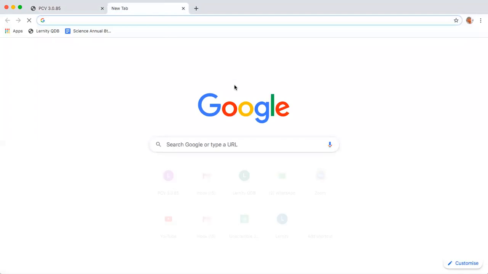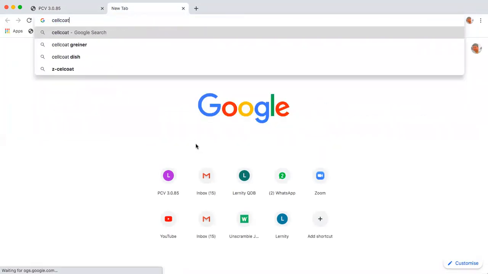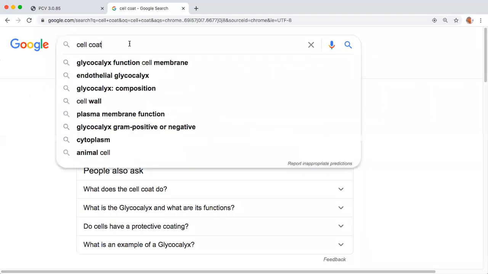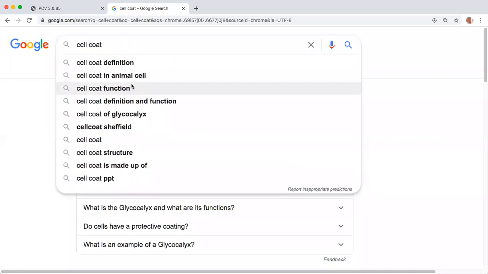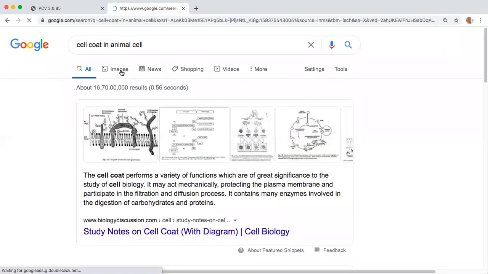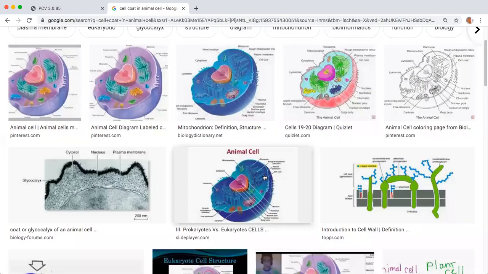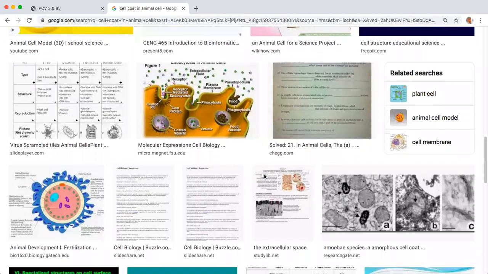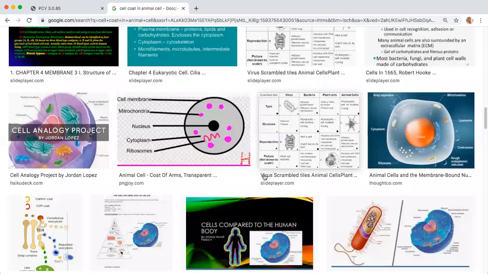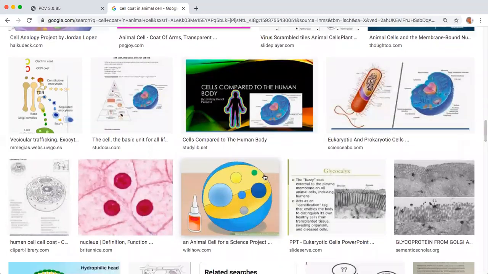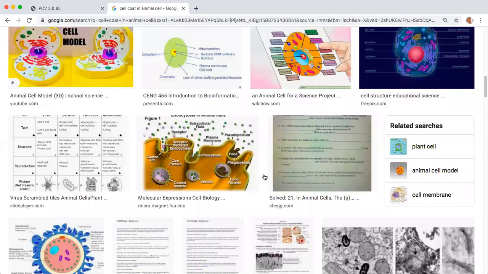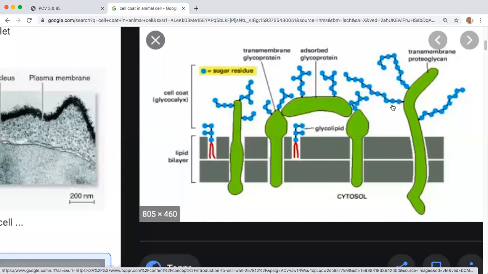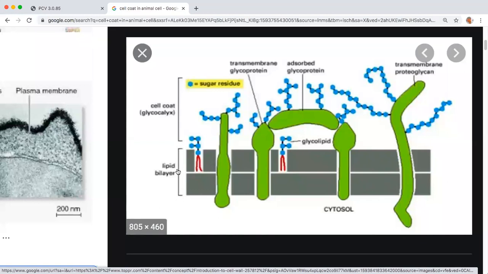Okay, so listen here. I'll show you a picture of the cell coat. You are able to see here the lipid bilayer, which is the plasma membrane.